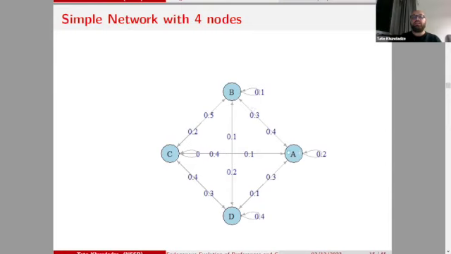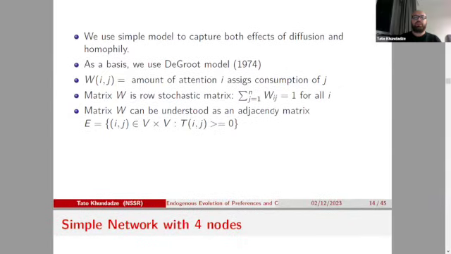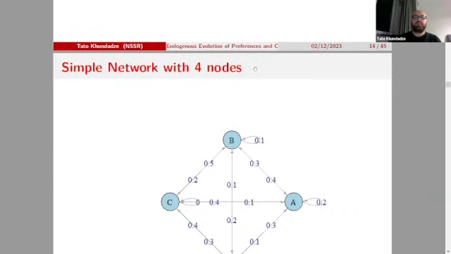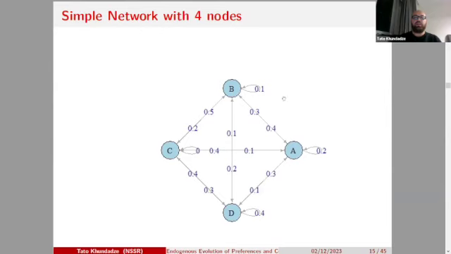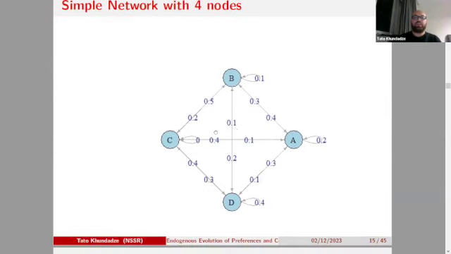And here we see that the attention A pays to B's consumption is 0.3, and the attention B pays to A's consumption is 0.4. It's an illustration of how, if we had 4 different agents, this would look as a row stochastic matrix, and as a distribution of weights in a picture, or as a network.